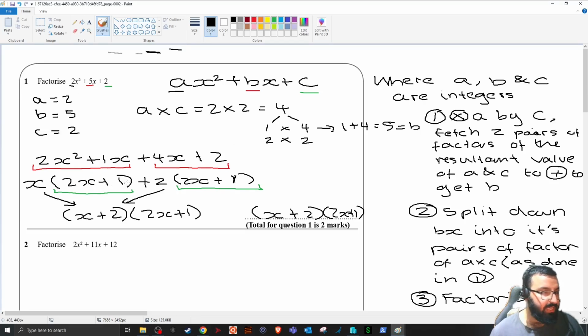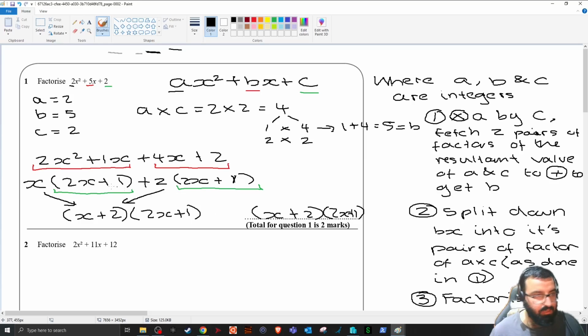So let's pretend that these are real numbers, 2x plus 1 and this other 2x plus 1. Obviously, because they are completely identical to one another, let's just say the value of 2x plus 1 was 4, right? You wouldn't write down 4 twice as the factors. There's no point of doing that.